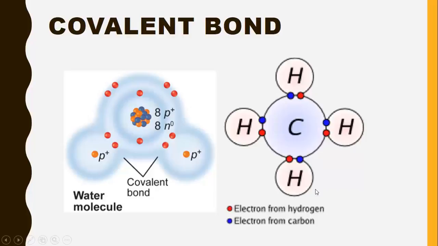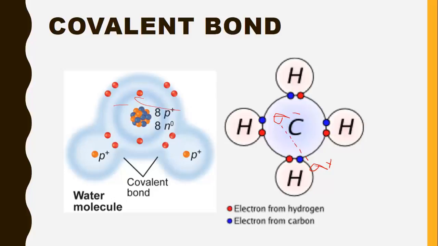Even though they're sharing it evenly, you can never share something completely evenly, even if it's the same molecule. At some point one will pull the electrons closer than the other, and it's going to create slightly negative and slightly positive charges. So this carbon is going to be slightly negative and slightly positive.